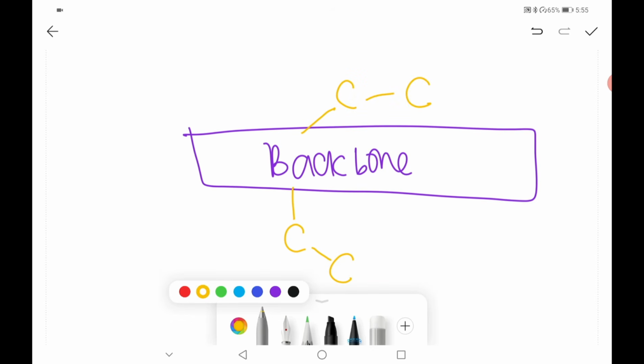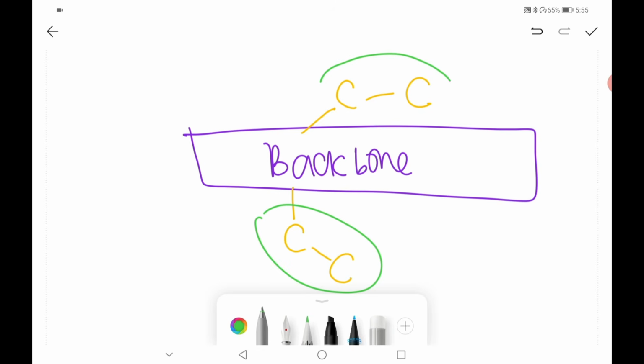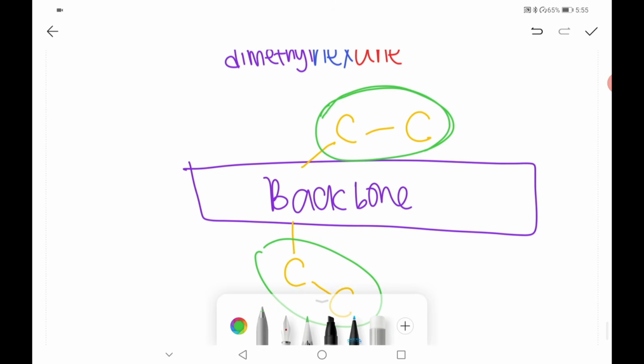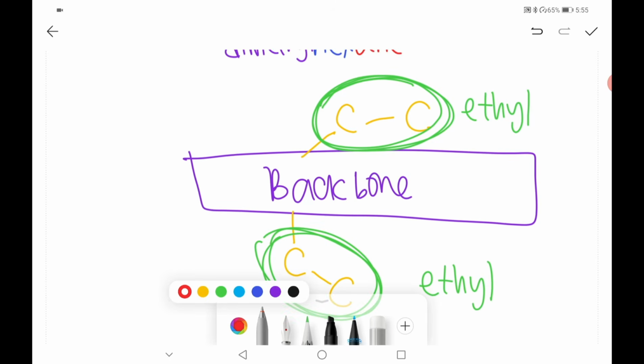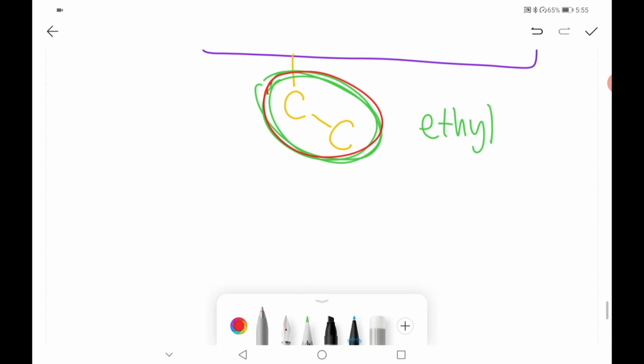Here we have 1 branch, here we have 1 branch. This branch has 2 carbons sticking together, so it's ethyl. This branch has 2 carbons sticking together, ethyl. So when we have 2 branches which are ethyl, only then do you call it diethyl. Please be careful.